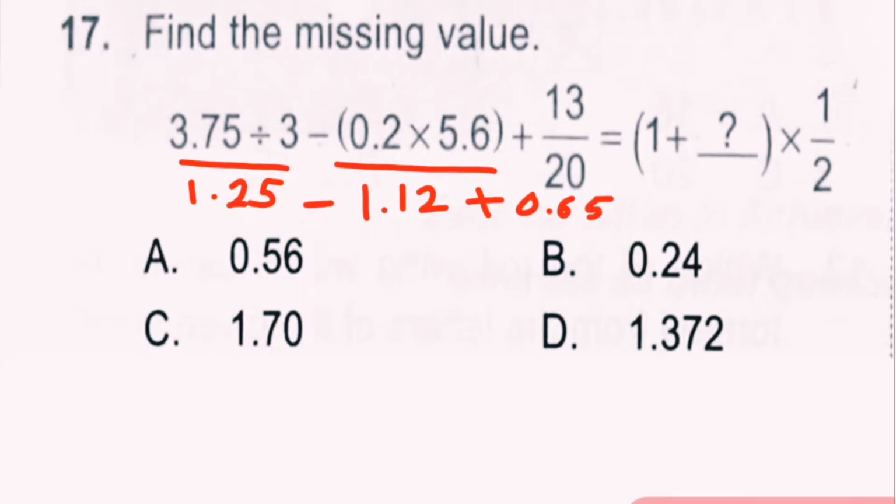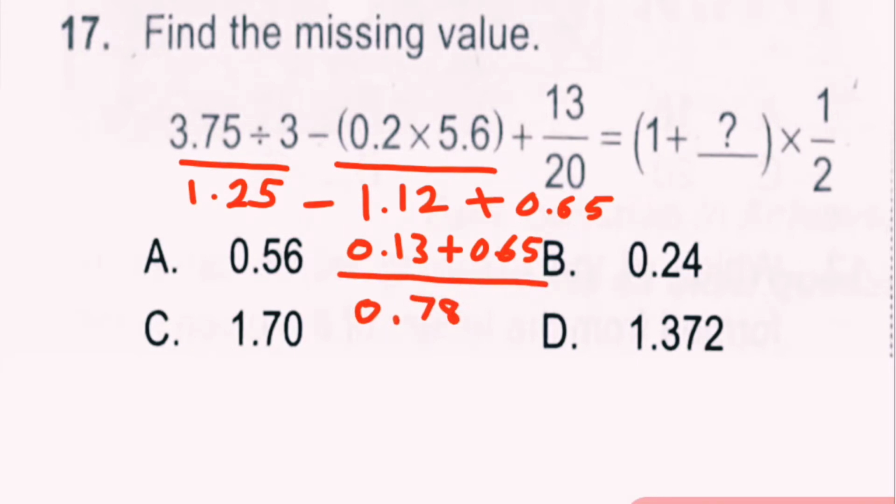And 1.25 minus 1.12 is equal to 0.13. Plus 0.65, and their sum will give 0.78.